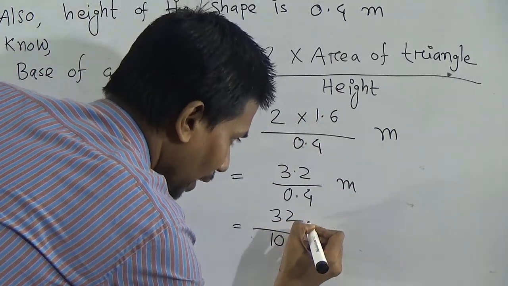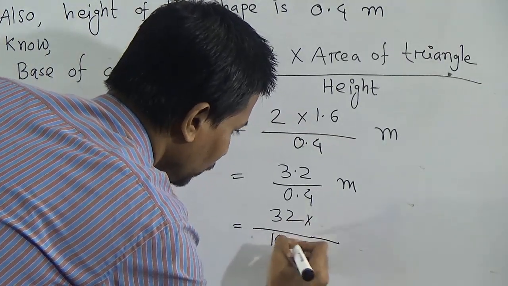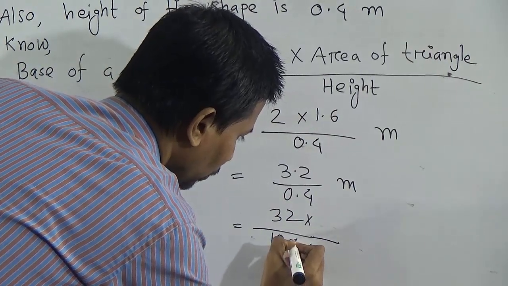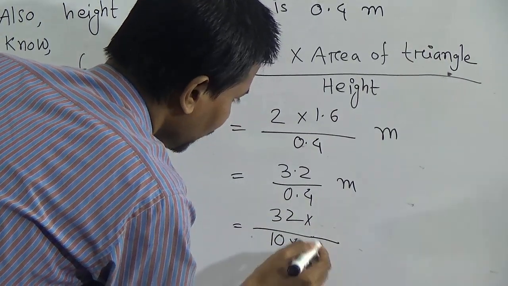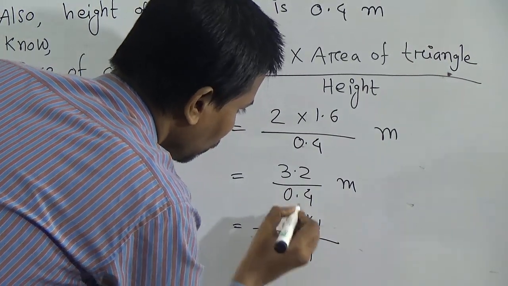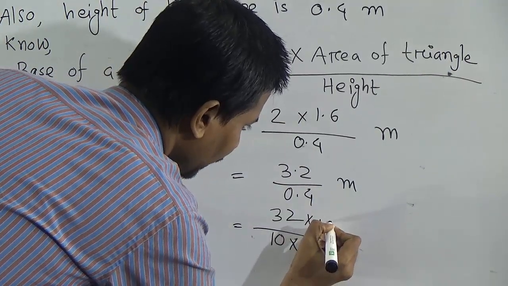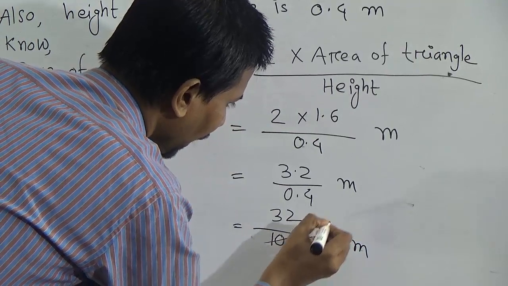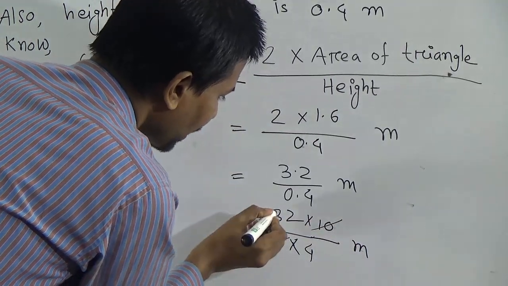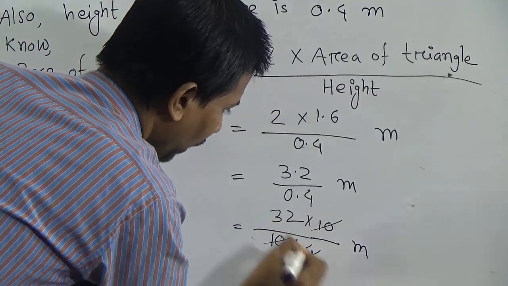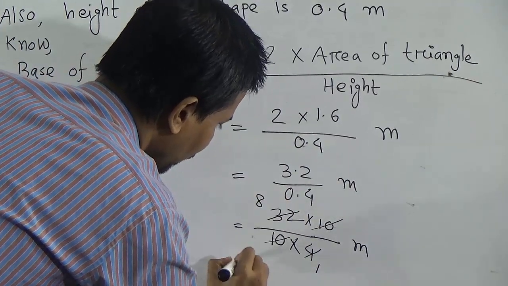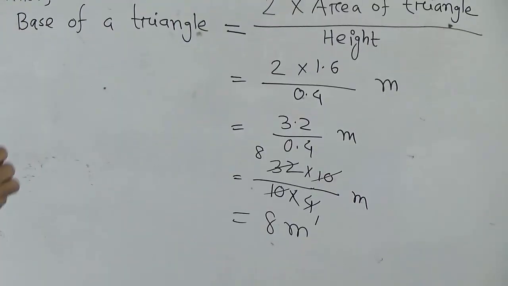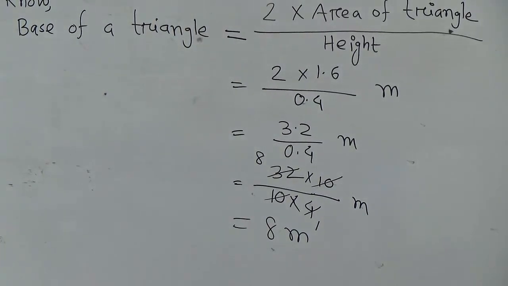Similarly, this is 0.4, we write here 4. For point we take in numerator 1. For 4 we write here 0. 10 and 10 vanish. We divide 32 by 4. Then we get 8 meter. That means the base of the triangle is 8 meter.